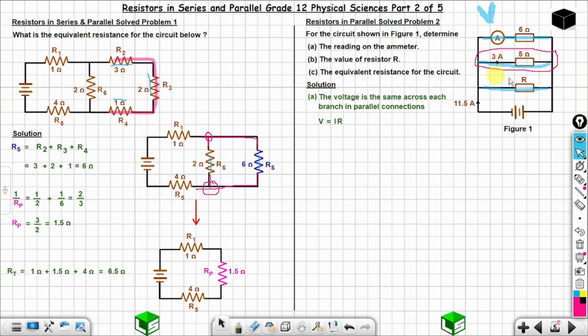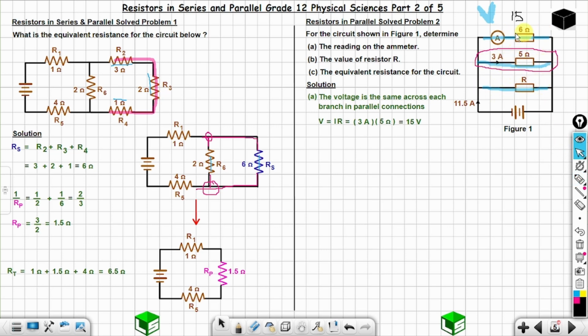So let's find V. This is equal to the current 3 times R, which is 5. You are going to have 15 volts. The voltage is 15 on this branch, and 15 on this branch, and 15 on this branch.